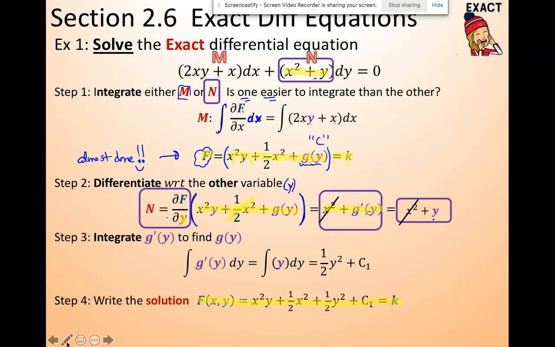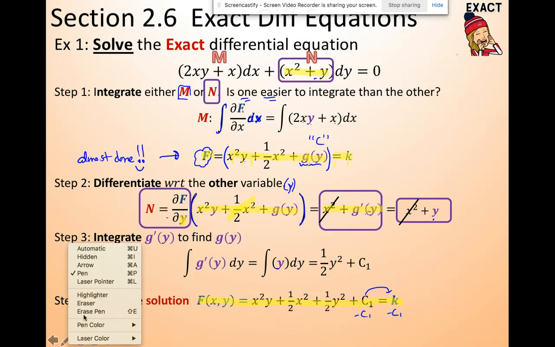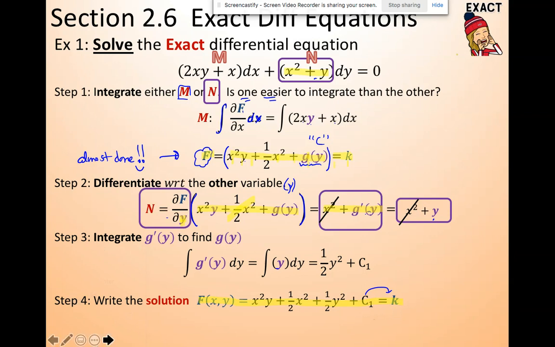But now how we generally write this, remember k was just a constant, right, of z height. So if you want, subtract c1 from both sides, but a constant minus another constant is just a big old constant. So we usually represent the solution like that.